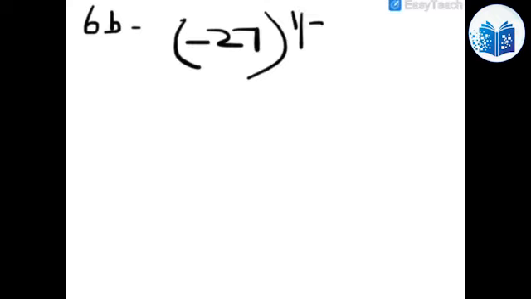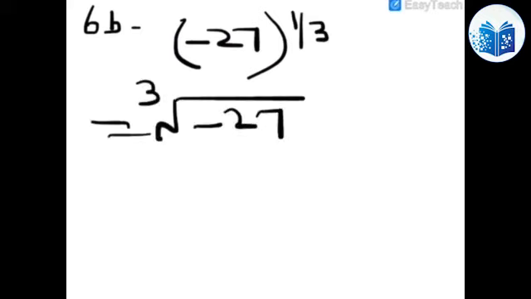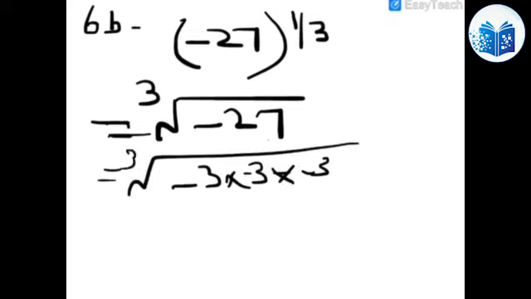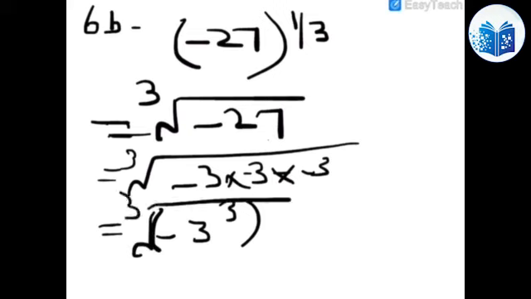6b says minus 27 whole power 1 over 3, which is equal to the cube root of minus 27, which is equal to minus 3 into minus 3 into minus 3 whole power 1 over 3, which is equal to (minus 3) cube power 1 over 3.